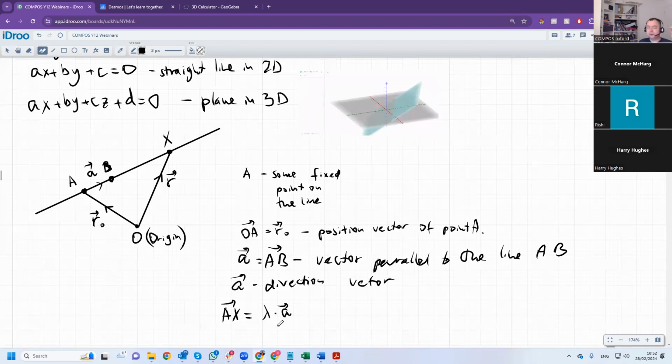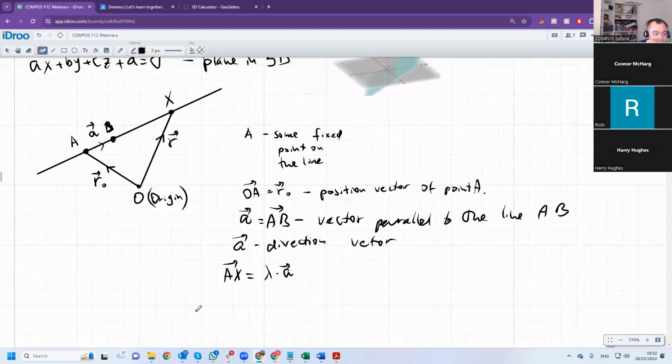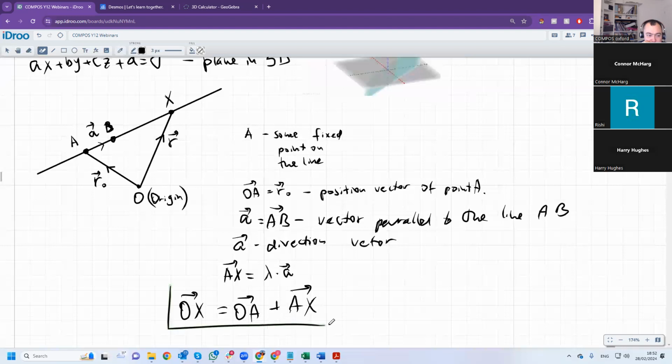Does that make sense? It's extended. Now, if we add vector OA, vector OX is equal to OA plus AX. That should be obvious, right? That should be fine.